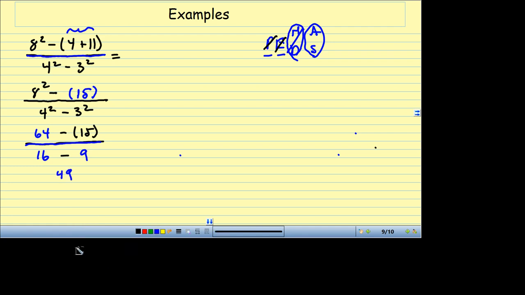And 16 minus 9. That's 7. Now you simplify your fraction. 49 over 7, well, that simplifies just to the answer of 7. 7 goes into 49 7 times. Done.